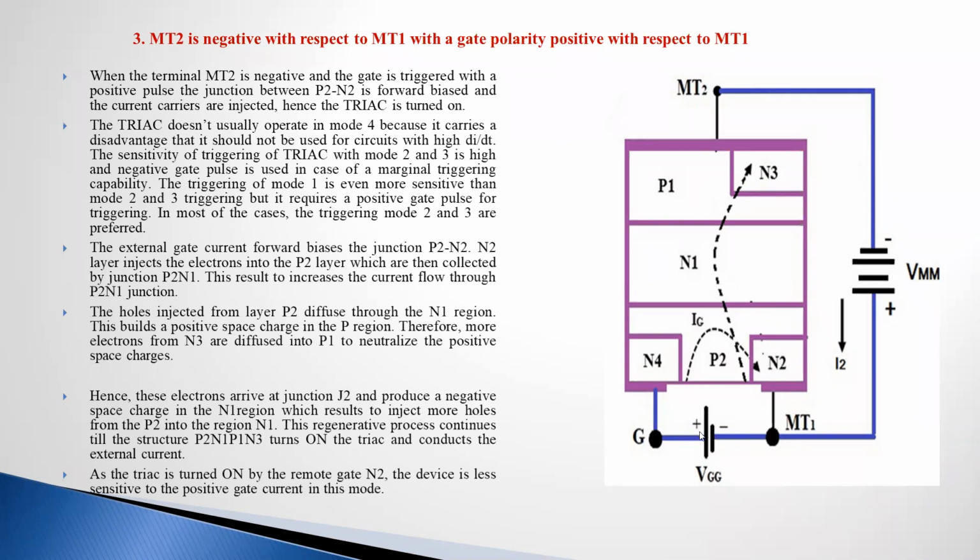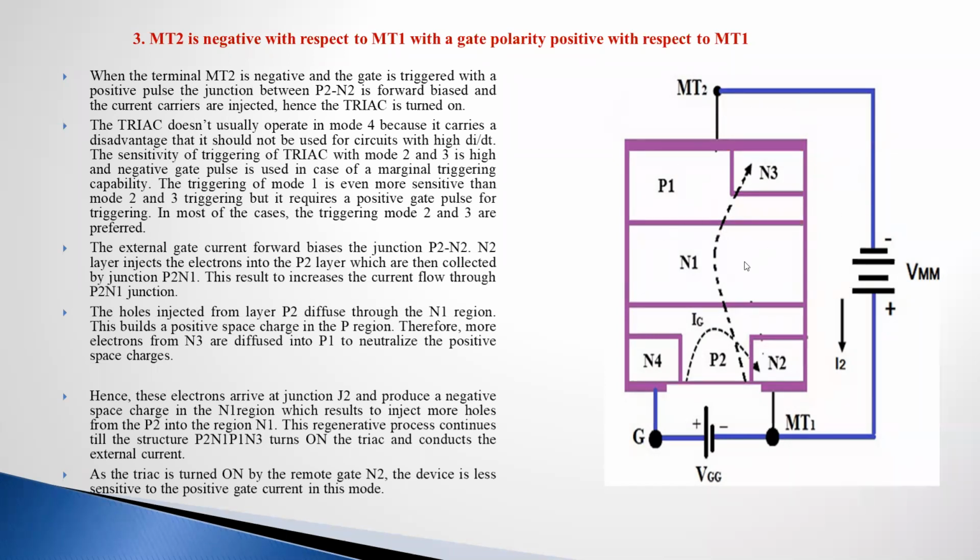Here, the junction N1 and P2 is in forward bias condition. Clear? But what about the junction of this one?